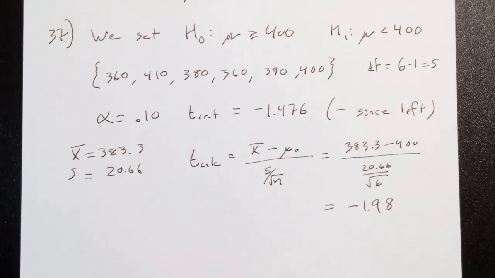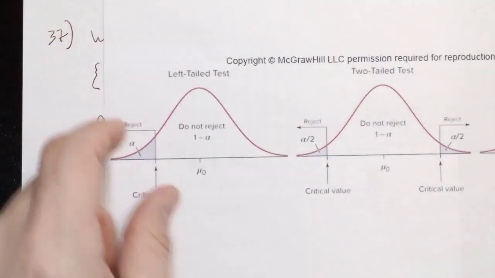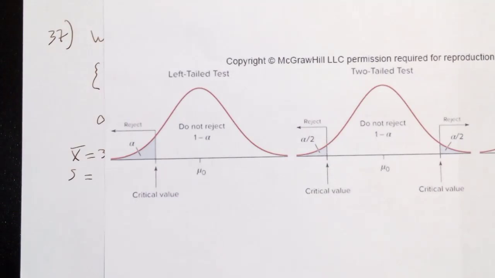Our decision rule is the same decision rules we used on Friday. We reject when we're in the rejection zone. Even though this picture is based on a normal distribution, the picture still holds. We are doing a left tail test. Do we reject or keep? You reject more negative than the critical value.